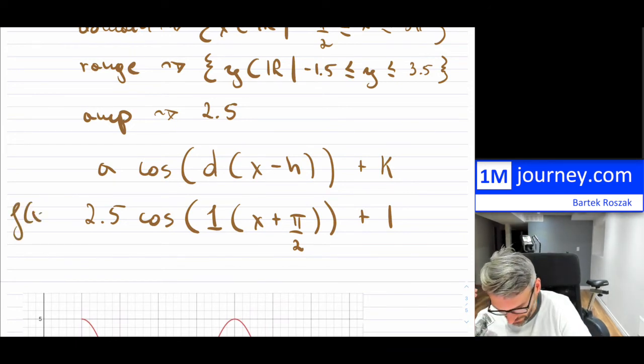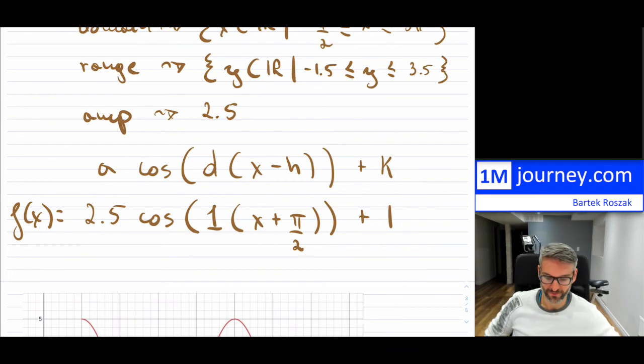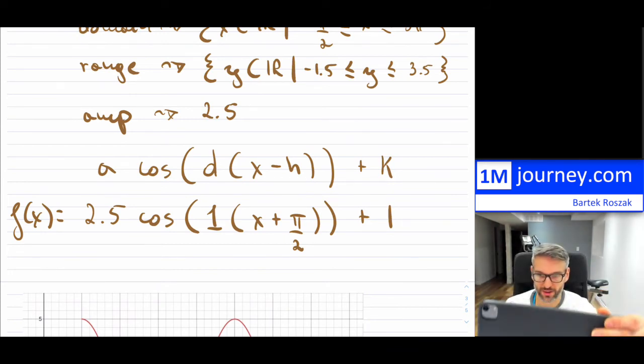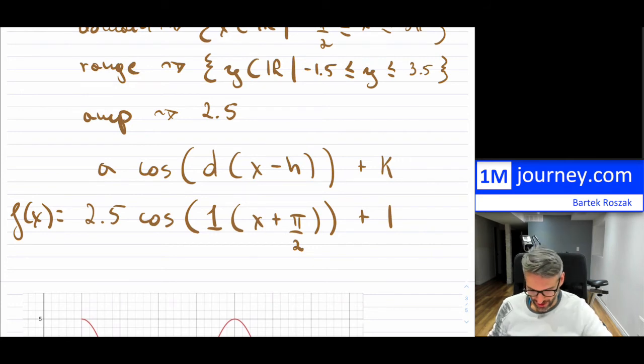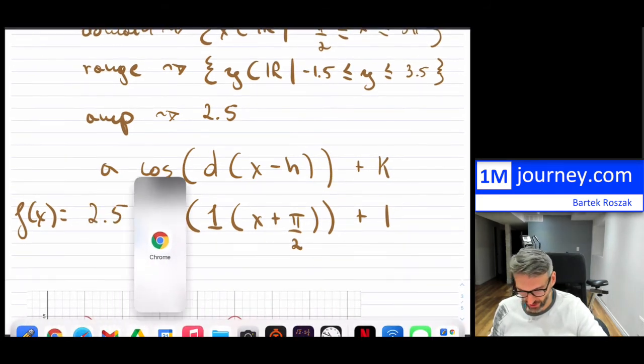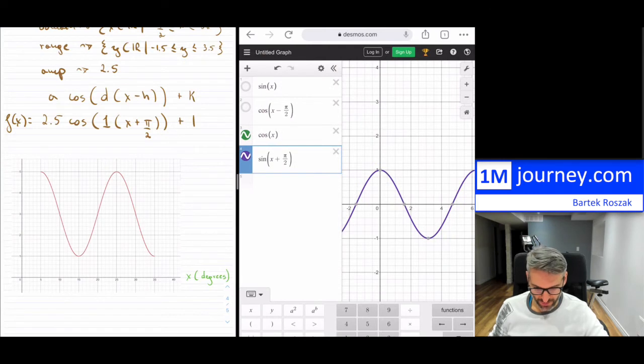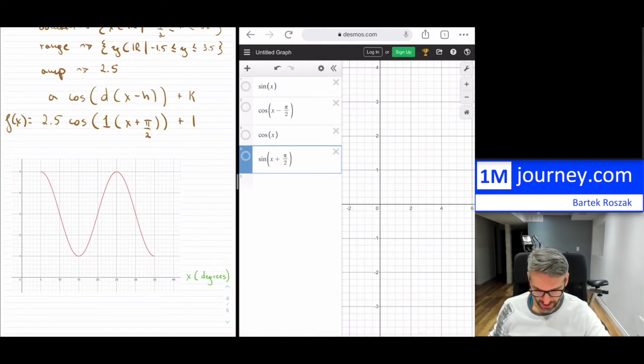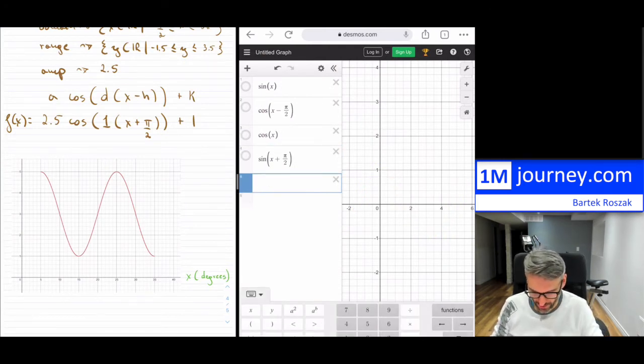That's our function. You know what? Let me plot it, just so that I can show you. I'm going to try to split the screen. Let's kill these guys here, and let's plot it. So what are we saying here? We have 2.5 cos.